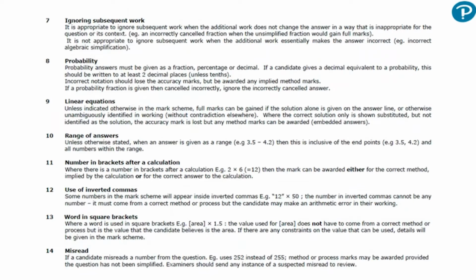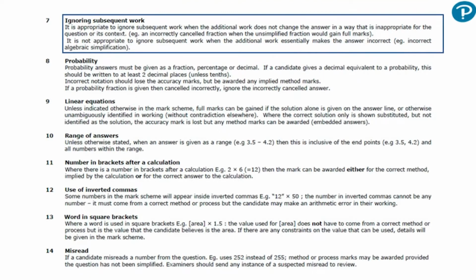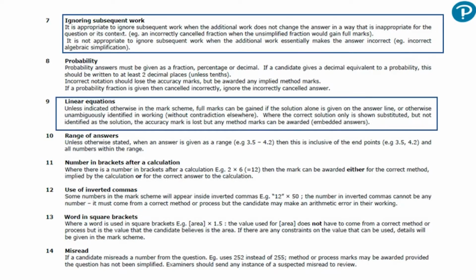A couple of other things is about ignoring significant work. You might see that annotated as ISW. Linear equations, an interesting one that might be worth thinking about when you're teaching solving linear equations. Some students, and you'll know them, you'll go, yeah, I know that student. They will do, say, 4x plus 4x minus 4 equals whatever, and they work it out by embedding the answer.